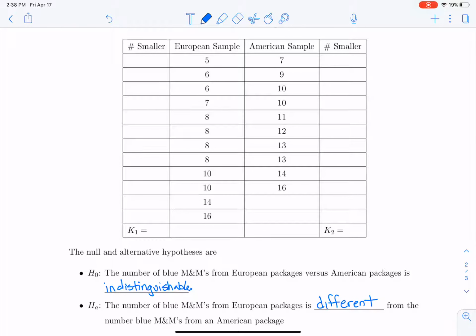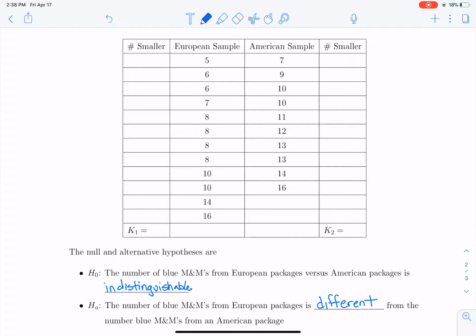Now I'm going to take the column with the European sample of M&Ms and compare each of the numbers in that column to the American blue M&Ms. The question I'm going to ask is: how many samples in the American column are less than the samples in the European column?